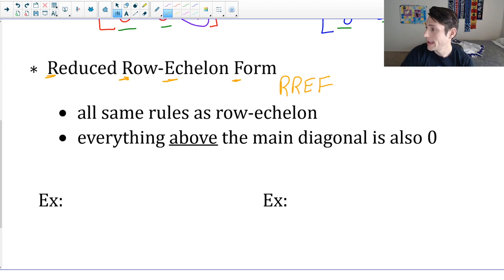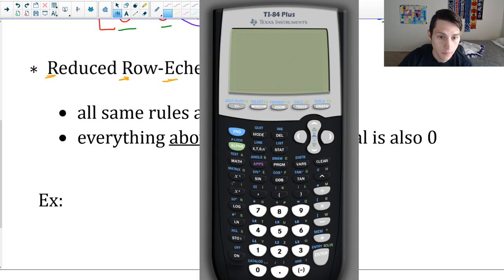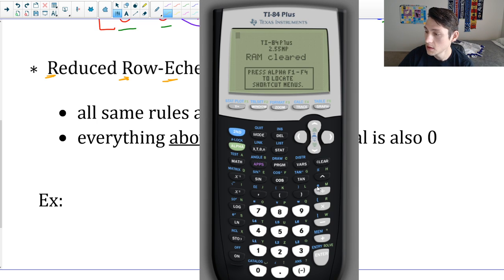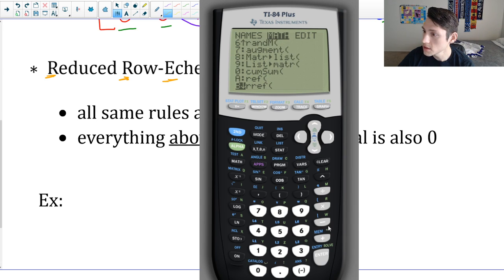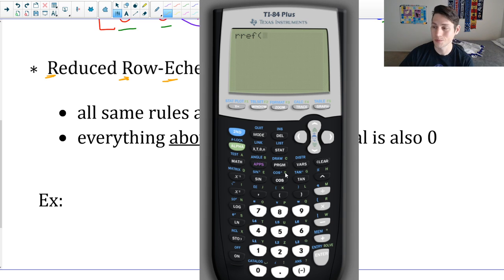And another reason you might recognize this, let me pull up my wonderful calculator. If you remember when we solved systems of equations, we would go to matrix, math, and we would scroll all the way down to, what was it? That's right, RREF. Okay, so now we know that stands for reduced row echelon form.